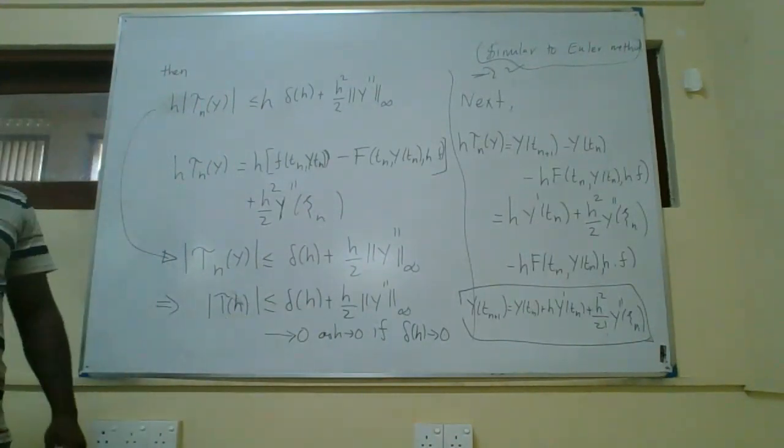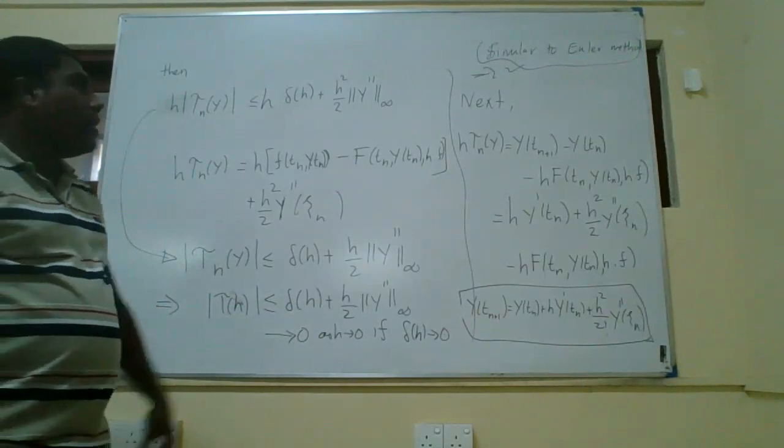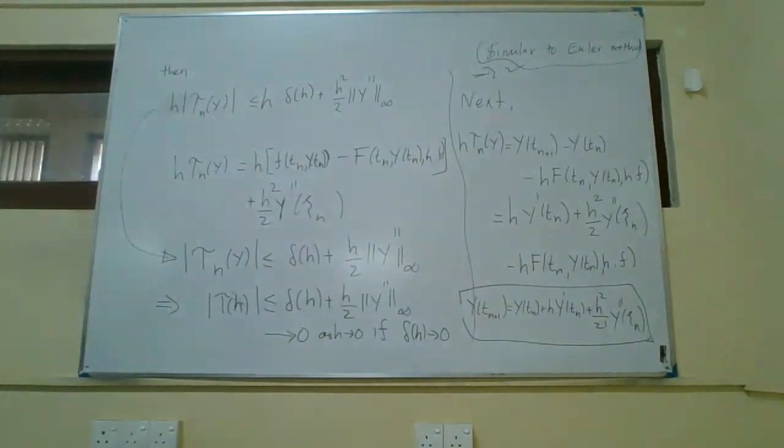If this goes to 0, then you know the truncation error goes to 0. Basically, the whole error term goes to 0, so the numerical solution converges to the real solution. So this is how we prove the convergence of the results by using the consistency condition and the error bound.